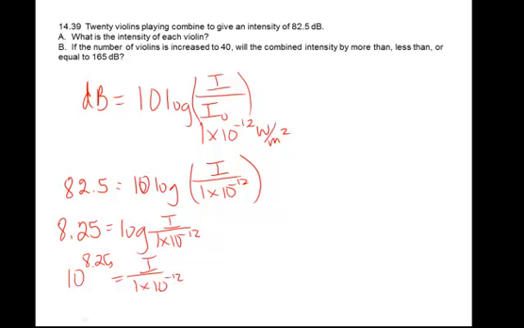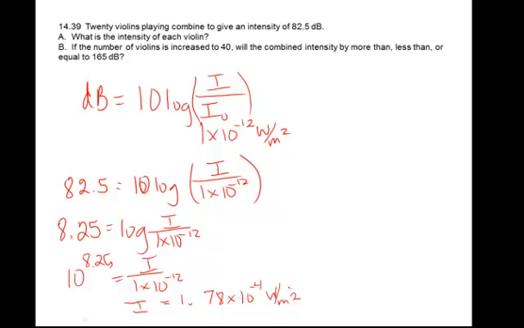So I'm going to do 10 to the 8.25, and then I'm going to be multiplying by 1 times 10 to the negative 12th. And I got 1.78 times 10 to the minus 4th is my intensity.